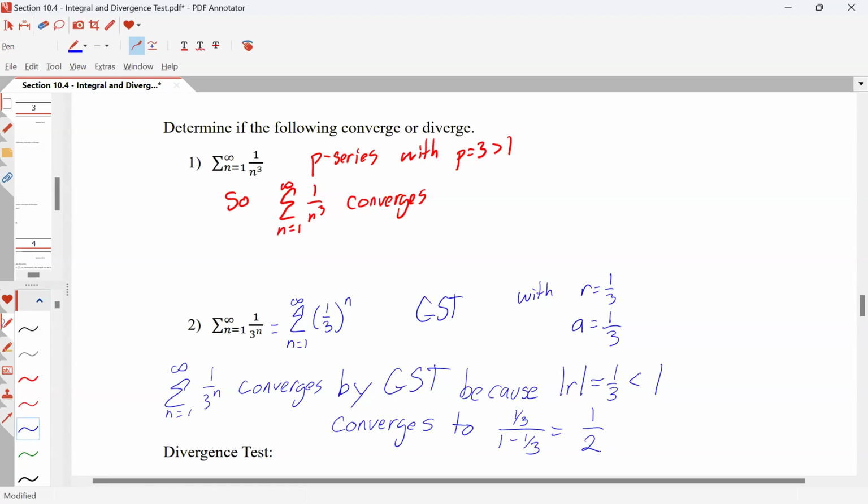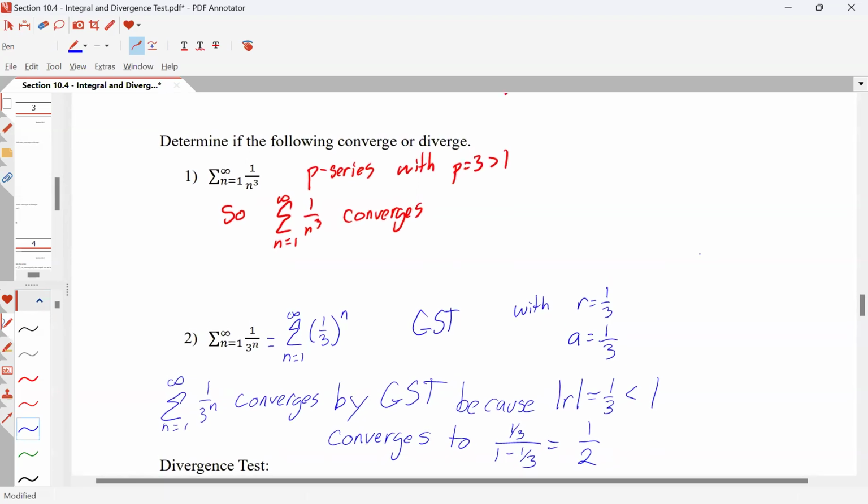So the geometric series test and the p-series test can look very similar, but if we have an exponent of a power, that's going to be geometric. Or if our variable is an exponent, it's going to be geometric. And if our variable is in a base in that denominator, it's going to be more than likely p-series.